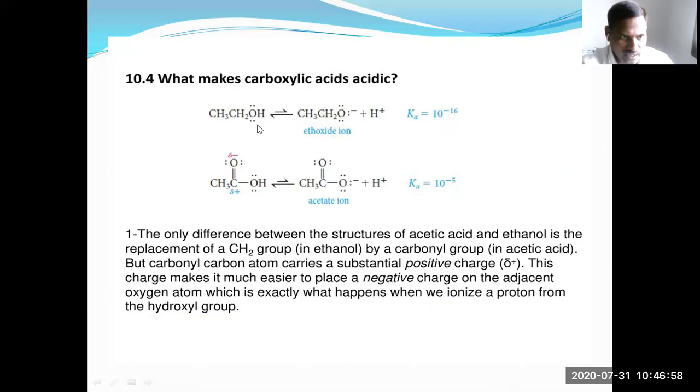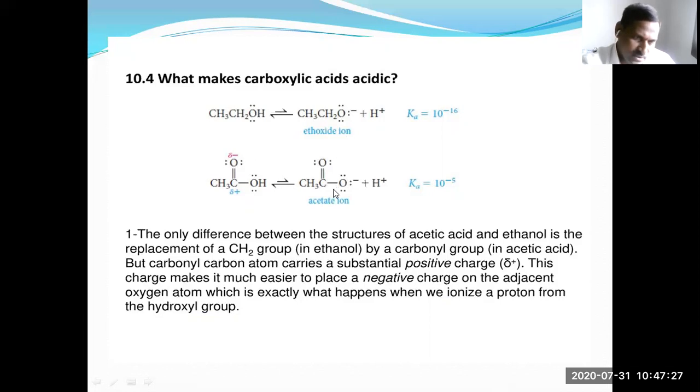So ethyl alcohol loses the proton, converted into ethoxide ion. Acetic acid loses the proton, converted into acetate ion. Acetate ion is more stable than the ethoxide ion. Why is the acetate ion more stable compared to ethoxide ion?